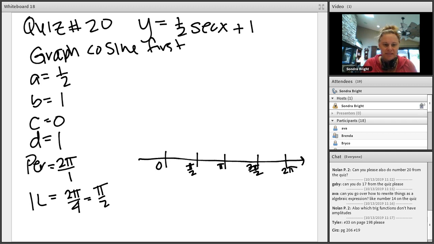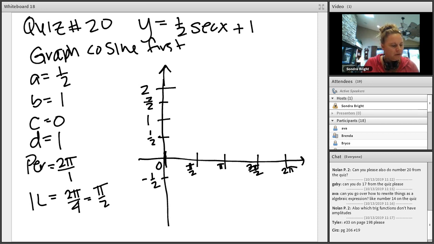Your y-axis is going to go when x is 0. And we need a 1/2, but then we're going to go up to 2, that would be 1, 1/2, that's going to be 3/2, and then -1/2, and -1.